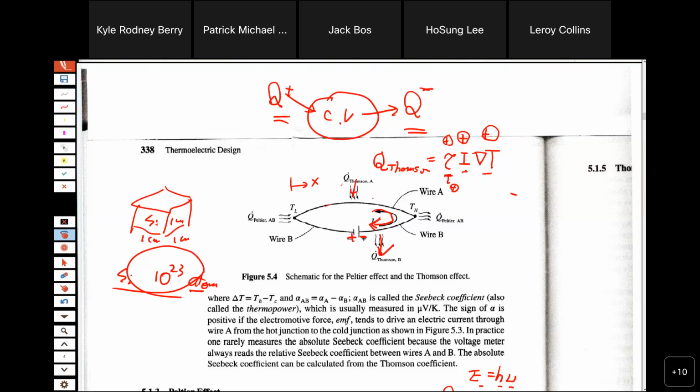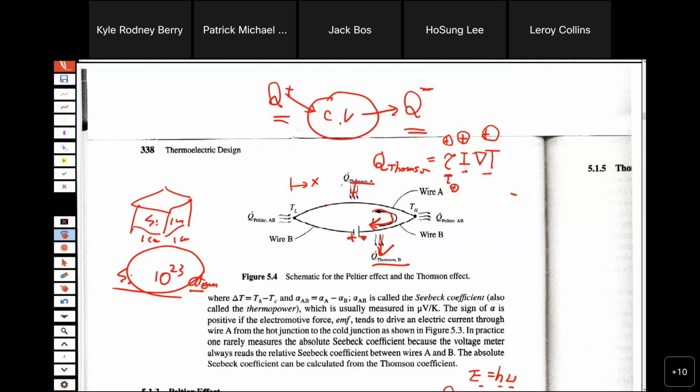So something is weird. The wire, not only the terminal, the wire absorbs heat and dissipates the heat. That's actually small, but that makes the experiment difficult.